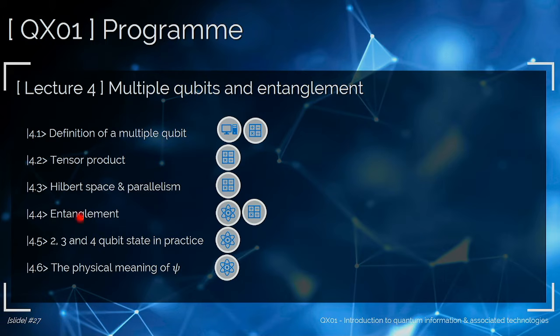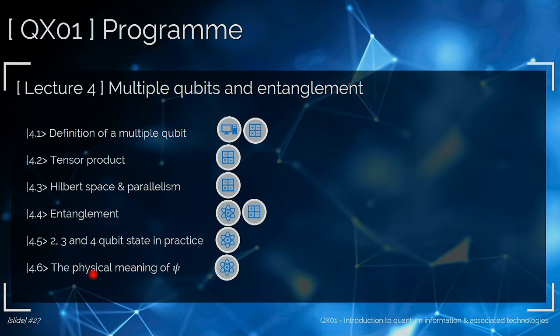And then I will go on to entanglement, a very important notion, how you entangle two particles together. And then I will carry on with how we do that in practice. So how do we generate 2, 3, 4, and more qubit states? For that, I will come back to the example of photons, you will see.